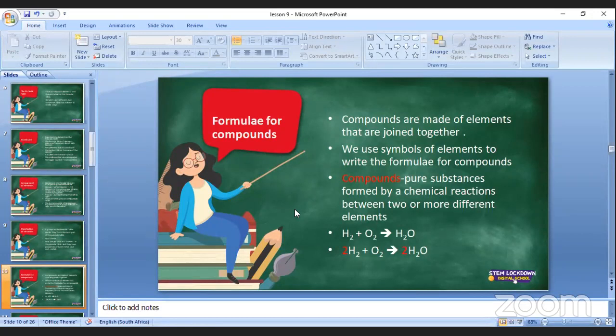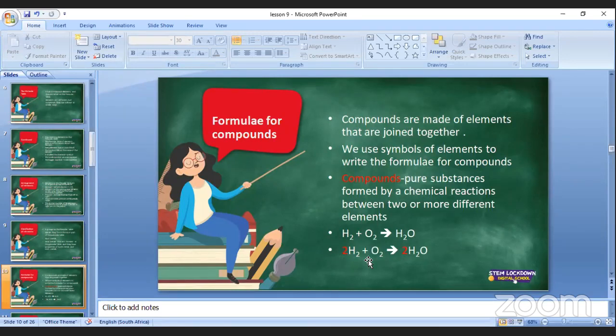Sir, I still do not understand where the 2 that is highlighted in red comes from. Okay, very well, let's look at this. You see where my cursor is, right? Yes, sir. It's at the first equation there. You've got H2 reacting with oxygen, giving us H2O. Now, we need to balance the equation.